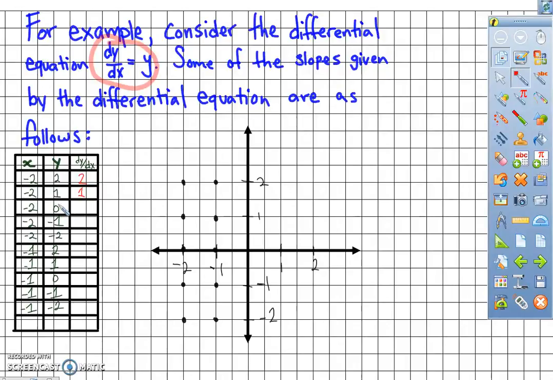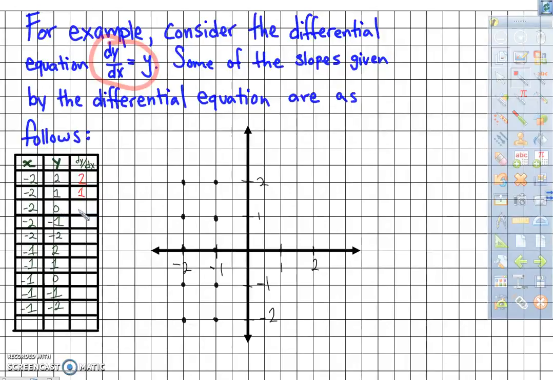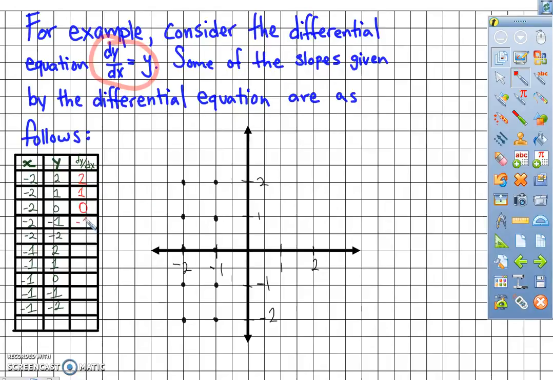And then for the point negative 2 comma 0, we produce 0. So in other words, this differential equation dy over dx is equal to y. Notice that there is no x here, so the x values aren't affecting my output. It's really only the y value. So for the next one, we're just going to get negative 1, and then negative 2.